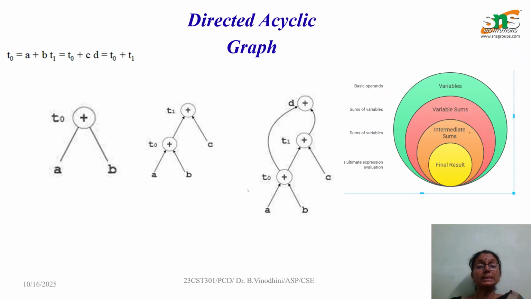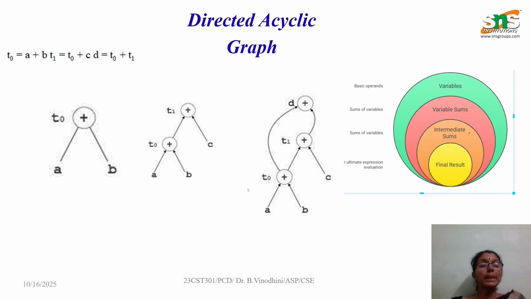So this is another example of a directed acyclic graph. In the same way, we can convert our three address code into a directed acyclic graph very easily. In the first statement, the value of A plus B is added and the result is stored in T0. Again, the T0 value is added with C, and that is stored in T1 in the second step.